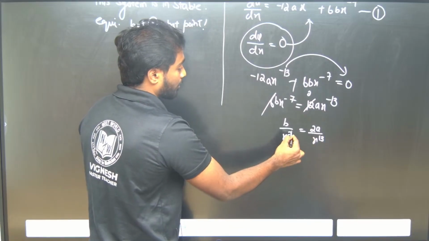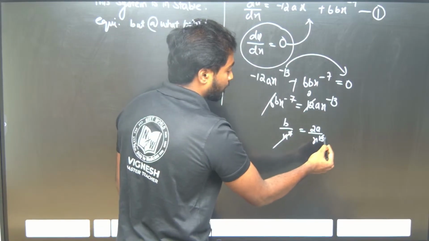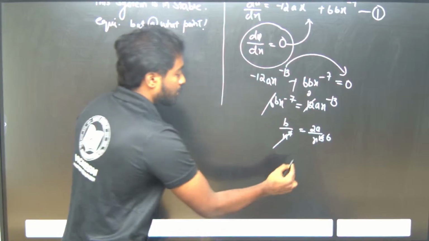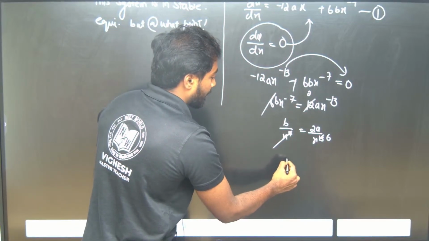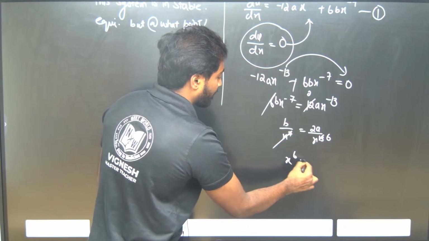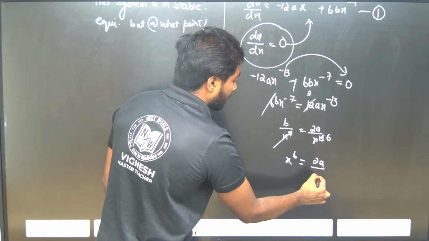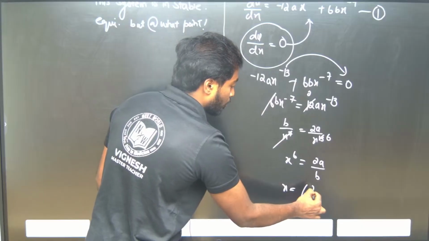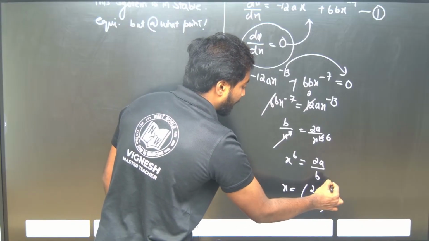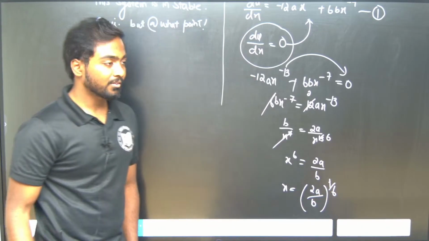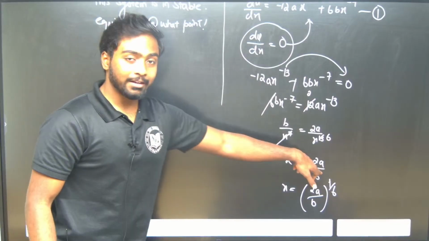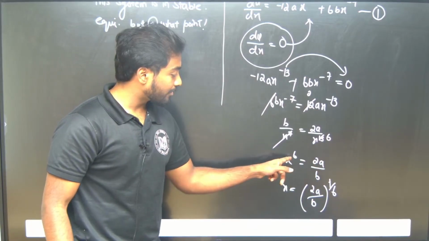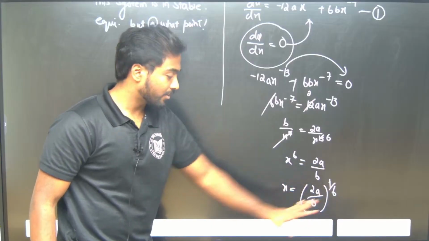So I can cancel this out, and x power 6 remains. So x power 6 equals 2A by B, and x equals (2A by B) power 1 by 6. If it is a square, I can take the root, which is power 1 by 2. If it is 6, I can say power 1 by 6.